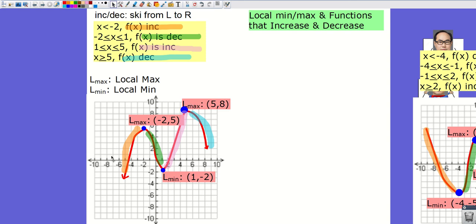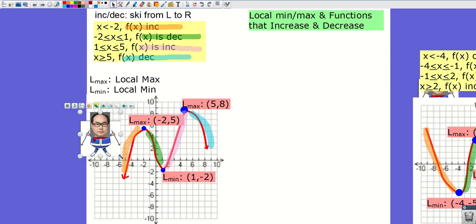Now let's talk about this increasing, decreasing stuff. Again, this is stuff you should have learned from IM3 Advanced last year. I typed in my first and last name, Clifford Chen, and this is the guy that popped up, so we're going to use him. He's skiing.